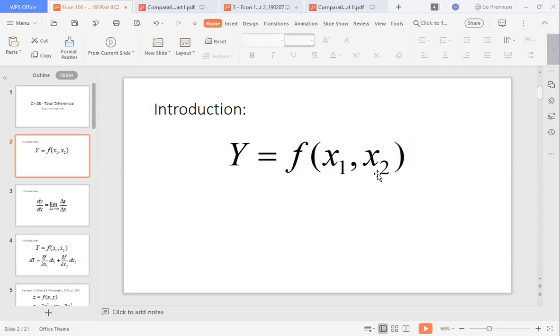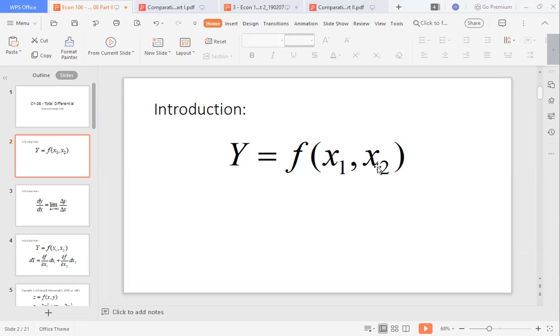So when you're talking about total differential, when you allow these variables to change, what would be the effect on y? Later on we'll have three scenarios. Scenario 1: a change of x sub 1, holding x sub 2 constant. What would be the change in y?